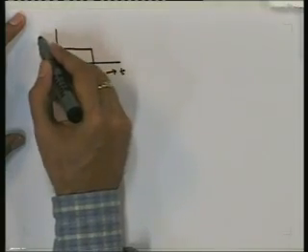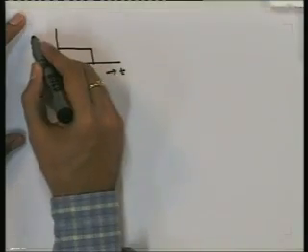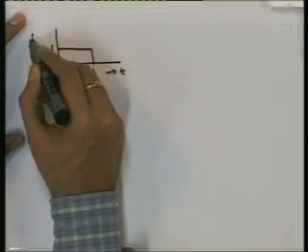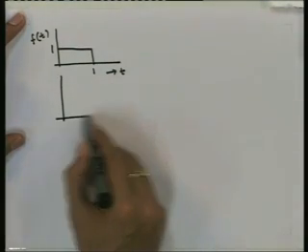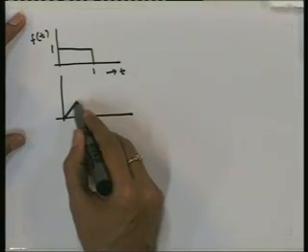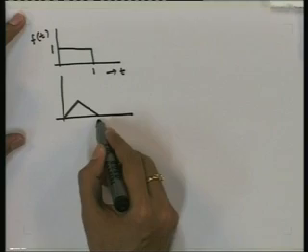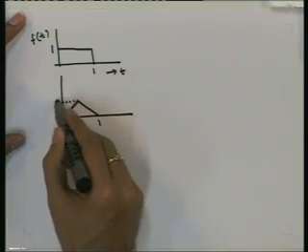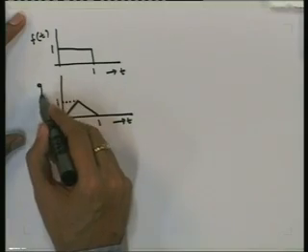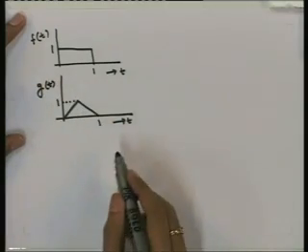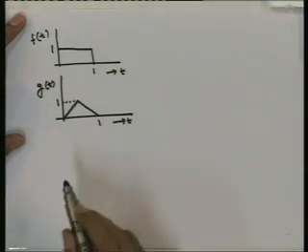Let us say this is our signal f t, and we have another signal g t. So, these two are the vectors given to us.